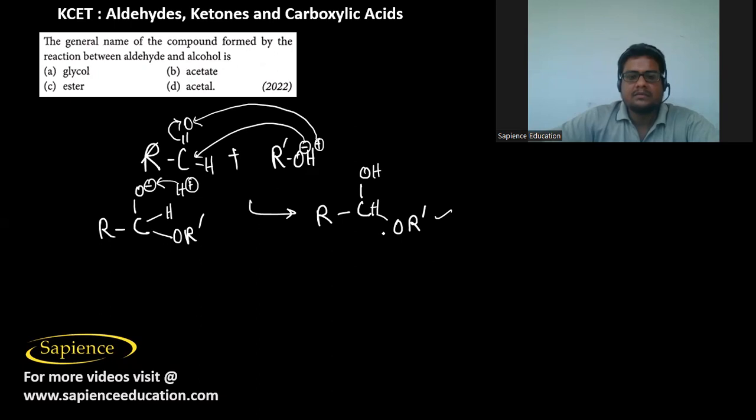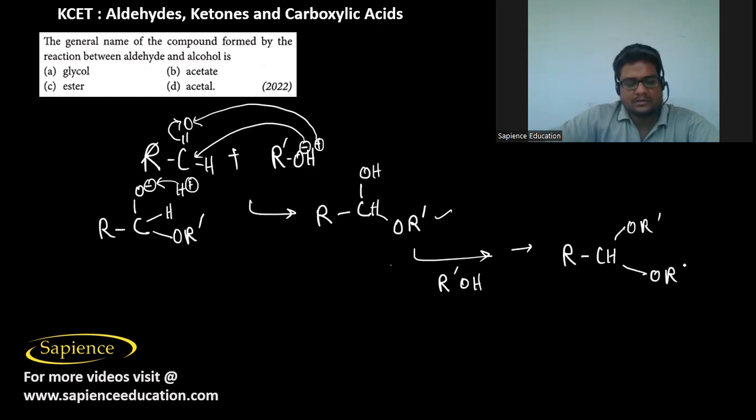So simply it means that it will form a hemiacetal with an alcohol, and then further it will react with R'OH to form RCH(OR')(OR').